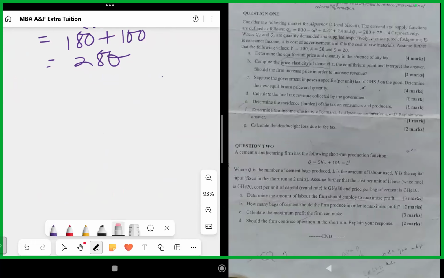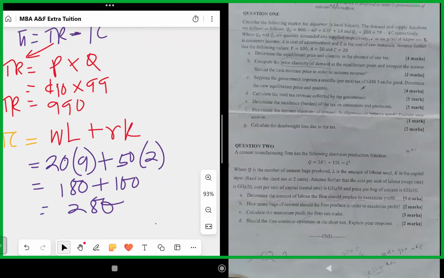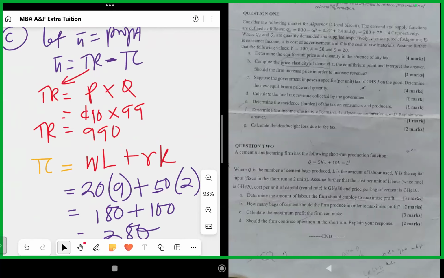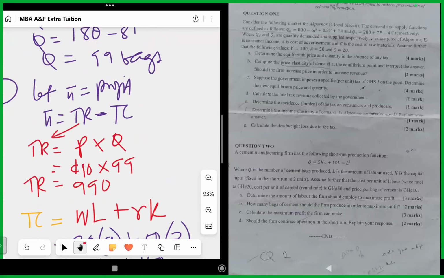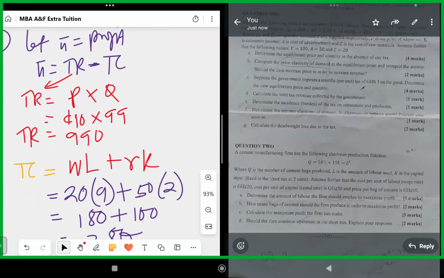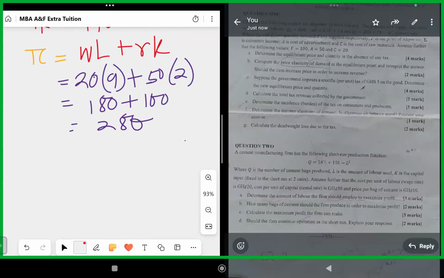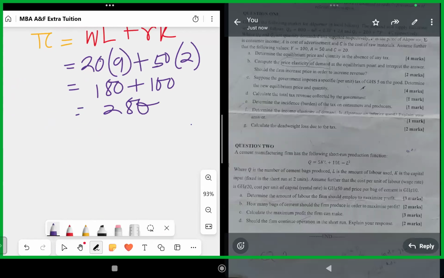Okay. So now we have to find the profits. We've gotten our total revenue and our total cost, right? So we come down here and fix in the values. Profit is equal to total revenue minus total cost.